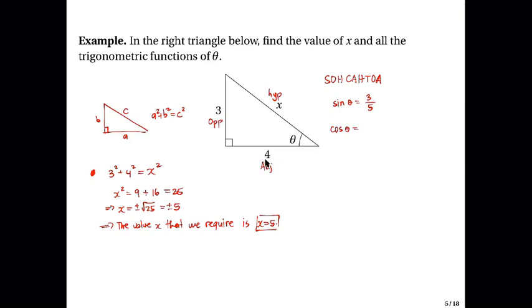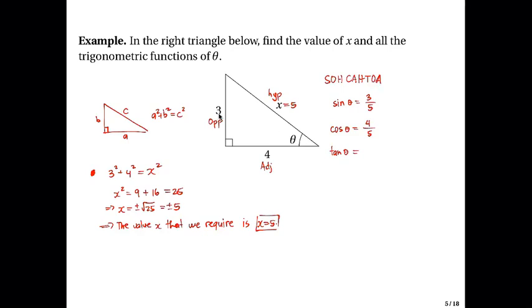This is your adjacent side, so this is equal to 4, and again, the hypotenuse is 5. So anyway, let me write x equals 5 in here. And then TOA, that's tangent theta equals opposite over adjacent.